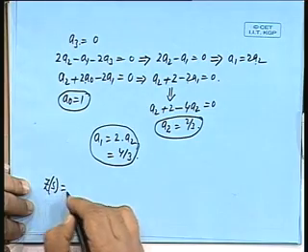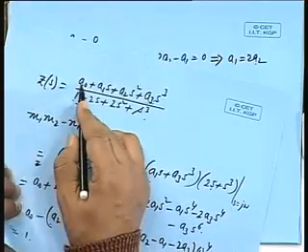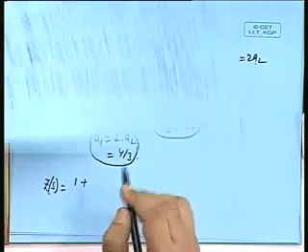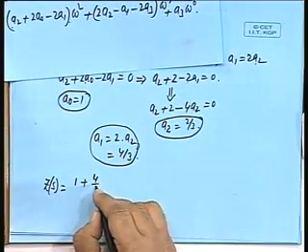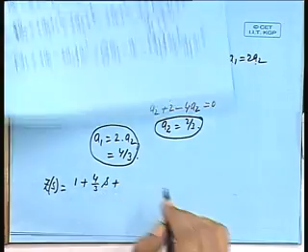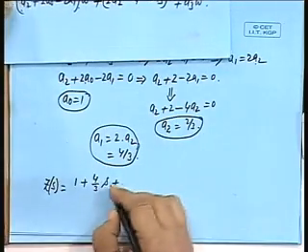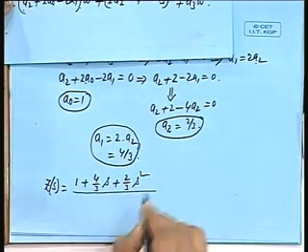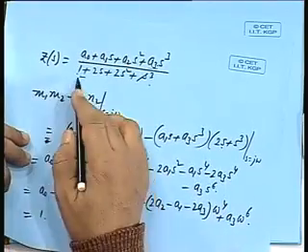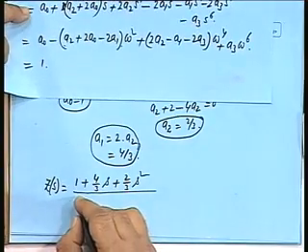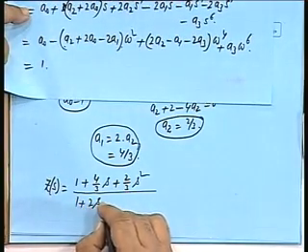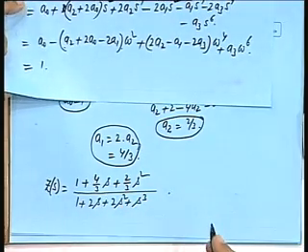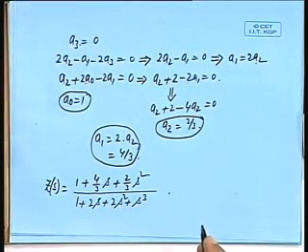Zs will be 1 plus 4 by 3 s plus 2 by 3 s squared, divided by 1 plus 2s plus 2s squared plus s cubed. Is this all right?